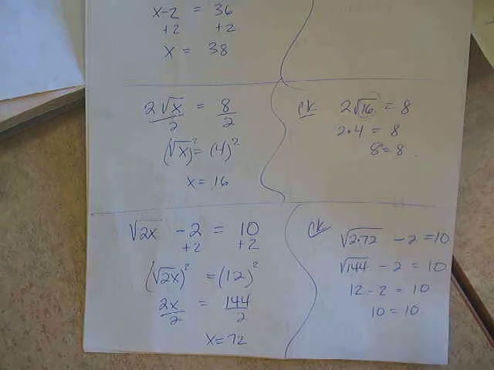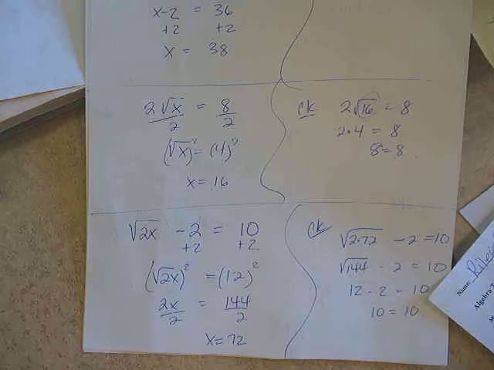And 12 minus 2 is 10. So it works. Okay, now if you got down to the bottom and you got 8 equals 10, that doesn't work. Don't go back and change something here because you're like, nope, I want it to work, because I don't want to fix my problem. If it doesn't work, that's telling you you did something wrong. Okay, it should work if it's your solution.